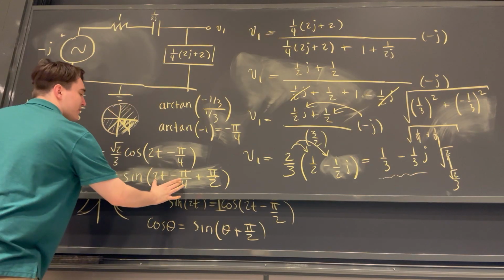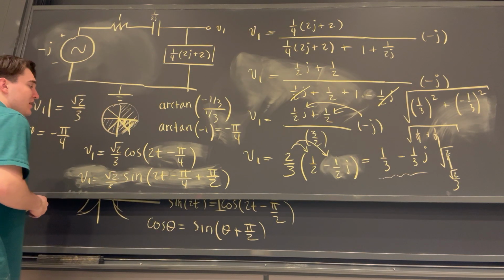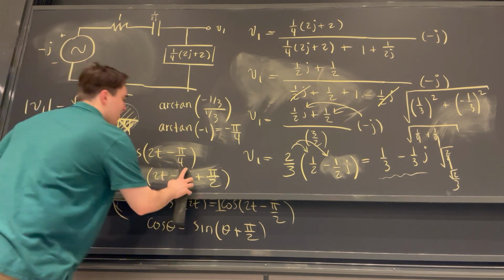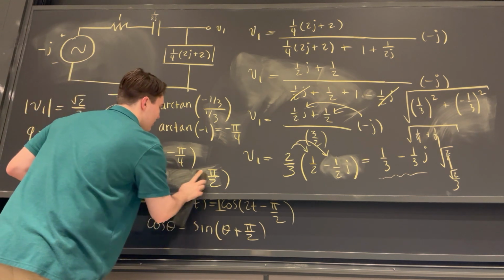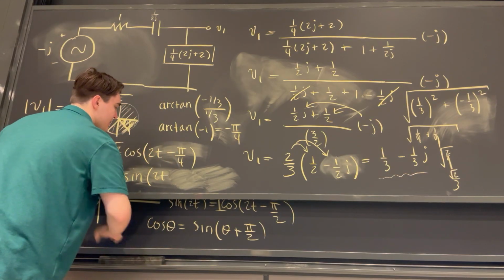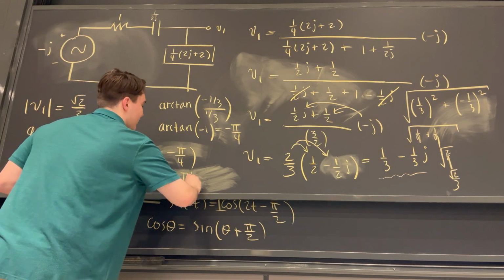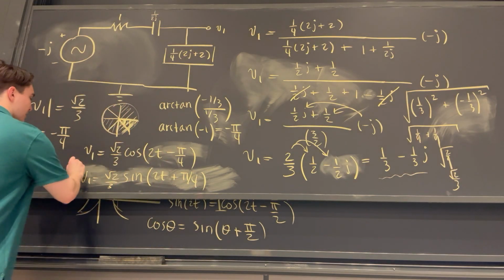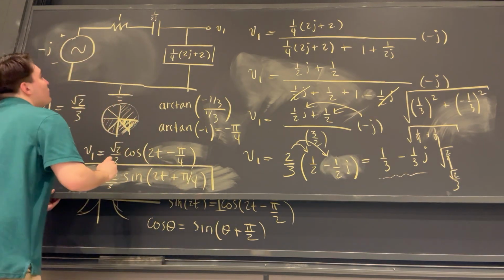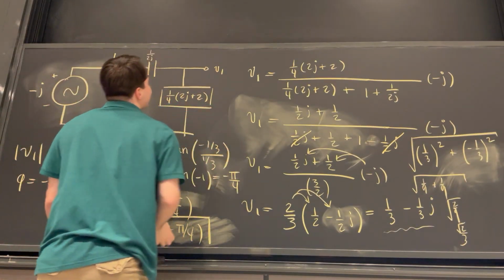I take this argument, copy and paste it there, and then add on this extra pi halves. And so that just collapses into positive pi fourths. I'm just combining those angles. Negative pi fourths plus pi halves is positive pi fourths. Okay, perfect. So I found V1, the time domain signal, at this node right here.